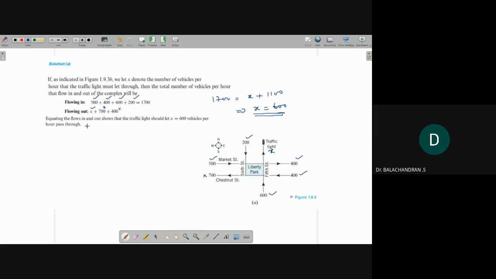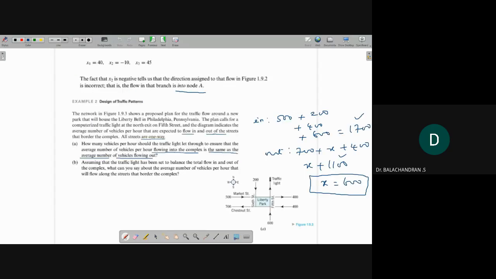So this is the first part. Over. Second part: assuming that the traffic light has been set to balance the total flow in and flow out of the complex, what can you say about the average number of vehicles per hour that will flow along the streets that border the complex?